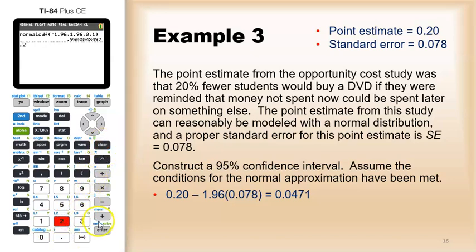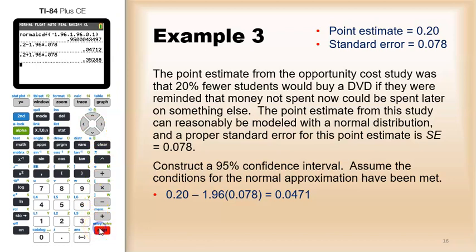0.2 minus 1.96 times 0.078. And you see we get 0.04712, so about 4.7%. If I want to do the plus, let me scroll back to my previous answer and put a plus there.